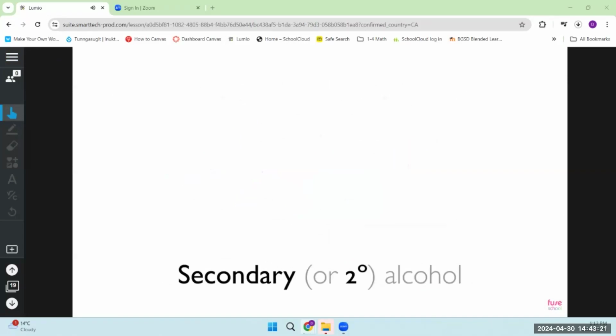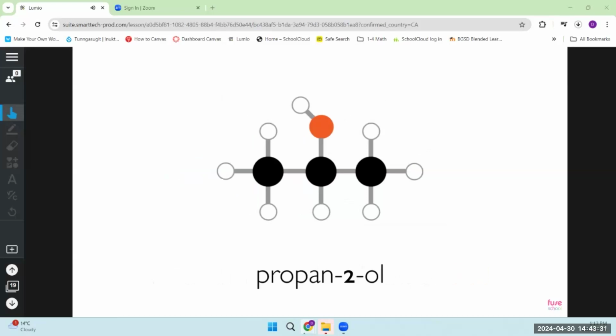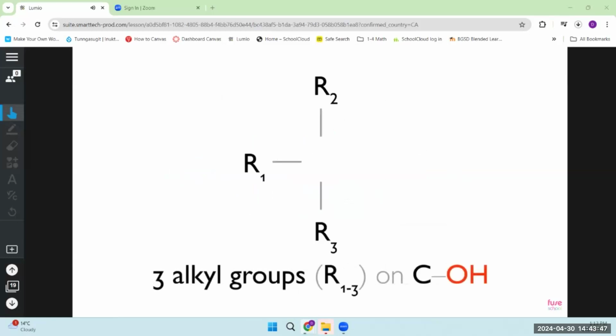In secondary alcohols, the carbon atom on which the OH group is bonded is attached to 2 carbon chains or 2 alkyl groups. Here is propan-2-ol. Here is the carbon atom on which the OH is attached, and here you can see the 2 alkyl groups or 2 chains of carbons attached to this carbon. In tertiary alcohols, there are 3 carbon chains attached to the carbon on which the OH group is attached.